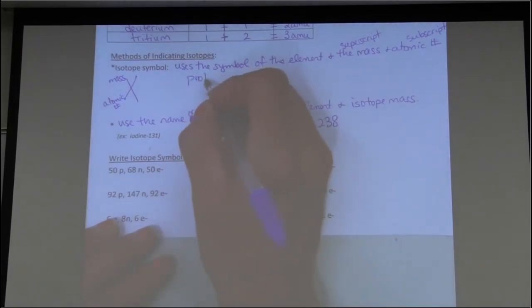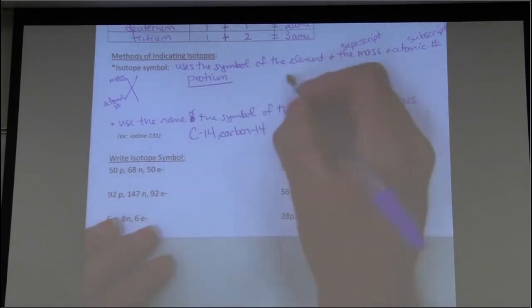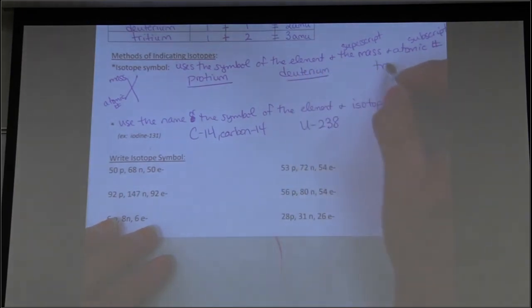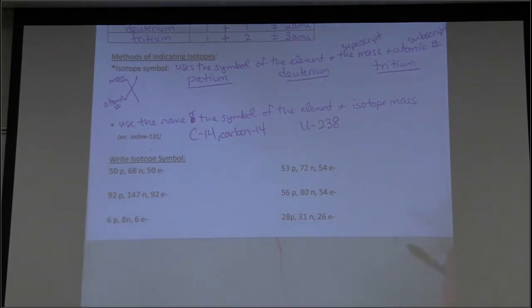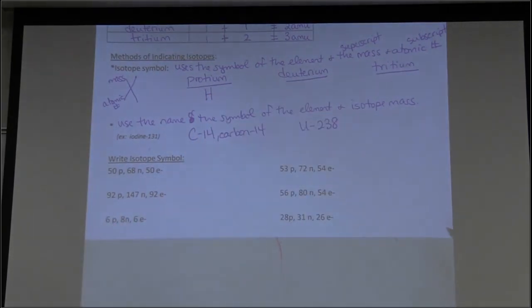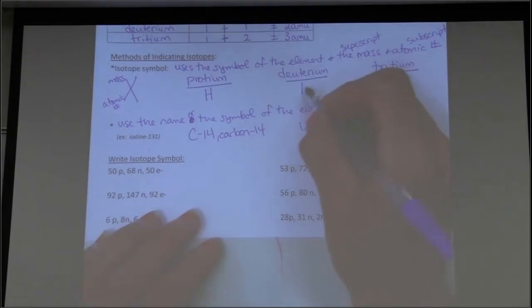So let us write the isotope symbol for protium, deuterium, and tritium. What's the symbol? H. Why? It's hydrogen. Every time, it's hydrogen.